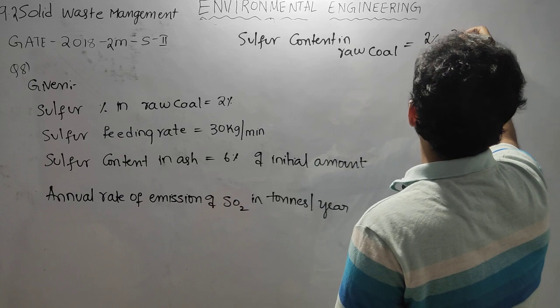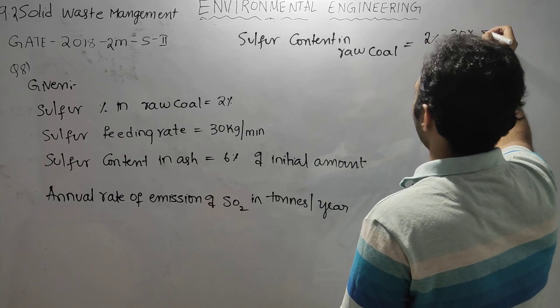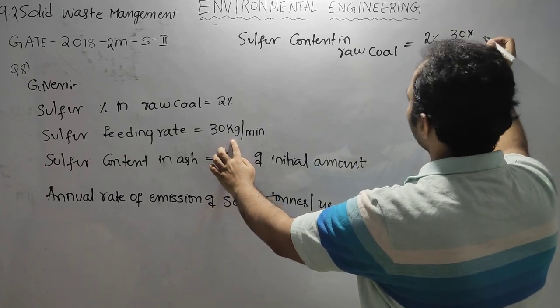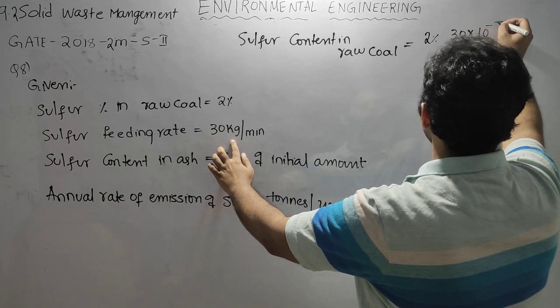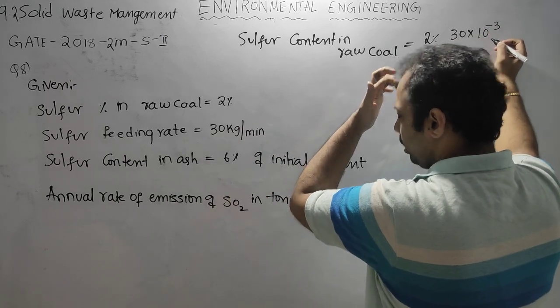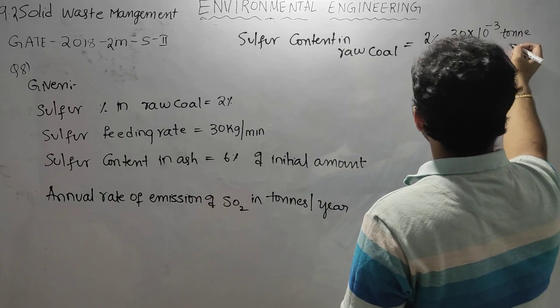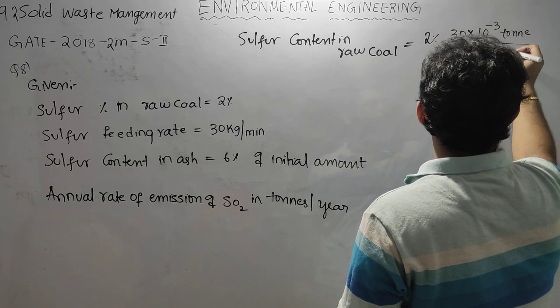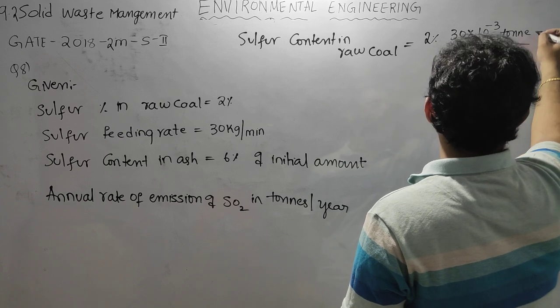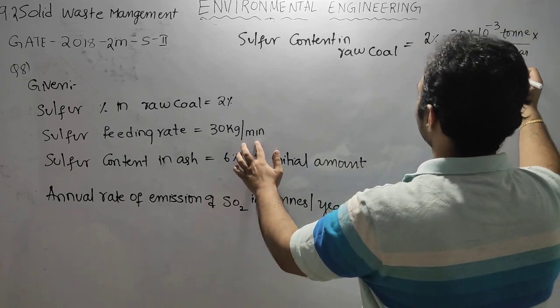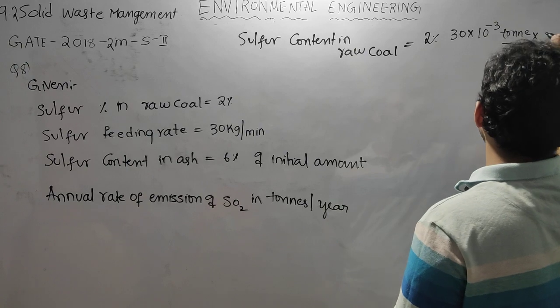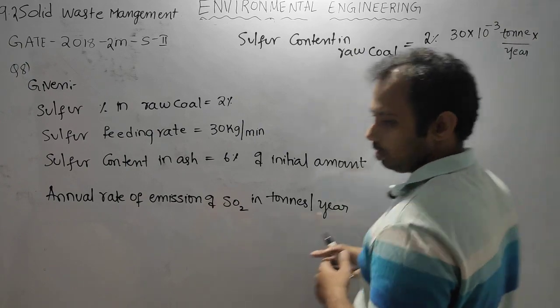So 30 kg, I will convert into ton by multiplying with 10 to the power of minus 3. And minutes I can convert into years; 60 minutes is an hour.